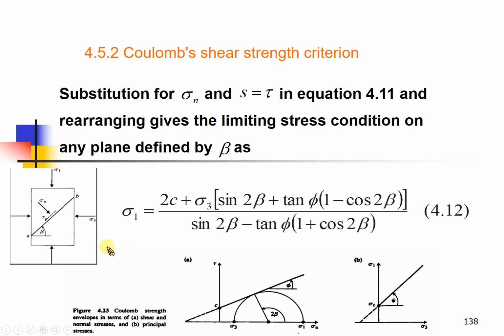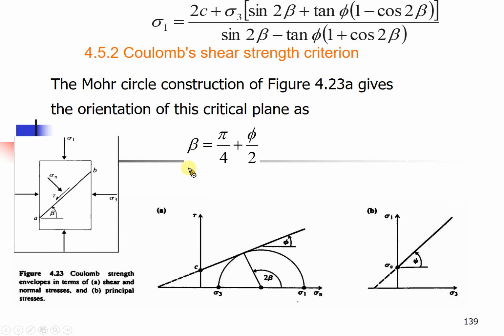So for this equation, you can understand. If we have a specific plane, like a beta, I showed you beta equals 45 degrees plus phi divided by 2. If the assumption of the Mohr-Coulomb failure criterion can be accepted, then we can put this angle to here, to this, to this, to this, and to this.